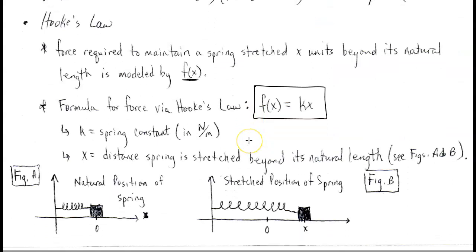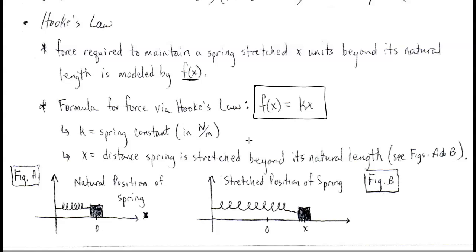Now, if we look at some pictures here, we'll see figure A is just our spring in its natural position. In that case, x is interpreted as being 0. But if we stretch it, then x is going to be some value beyond 0.